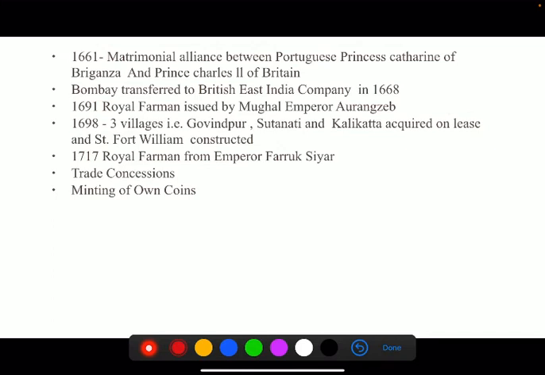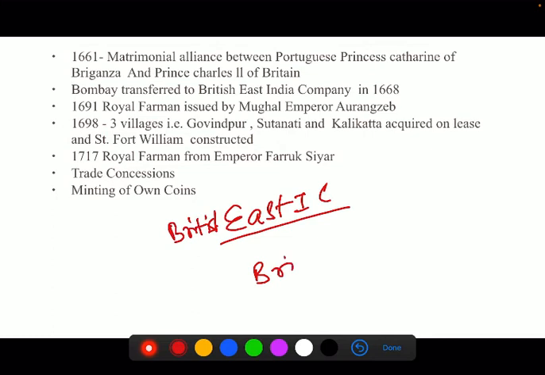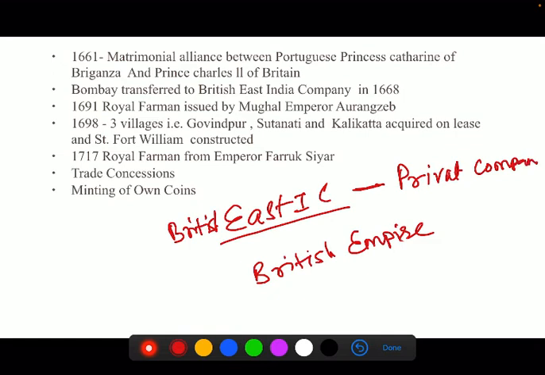So this is the story, and here I would like to clear one thing: the British East India Company and the British Empire are both different entities. It is a private company, and this is the whole empire.